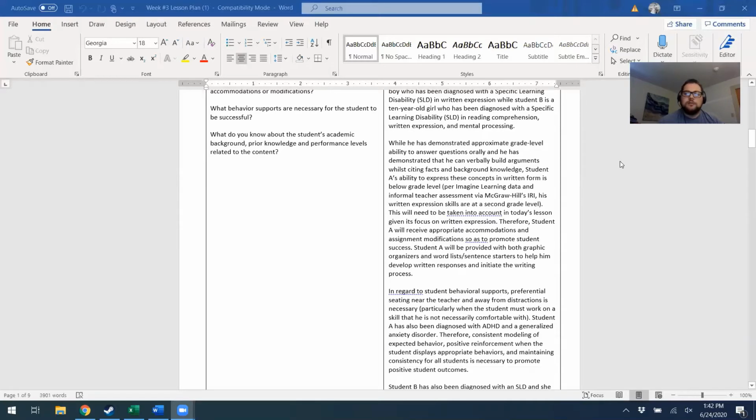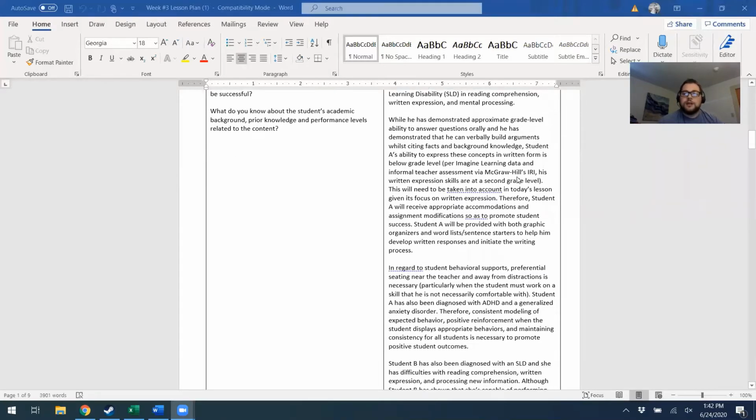Now, while student A has demonstrated approximate grade level ability to answer questions orally, and he has demonstrated that he can verbally build arguments while citing facts and background knowledge, student A's ability to express these concepts in written form would be considered below grade level per both Imagine Learning data, which is a supplemental online program that we use, and informal teacher assessment via McGraw-Hill's informal reading inventory.